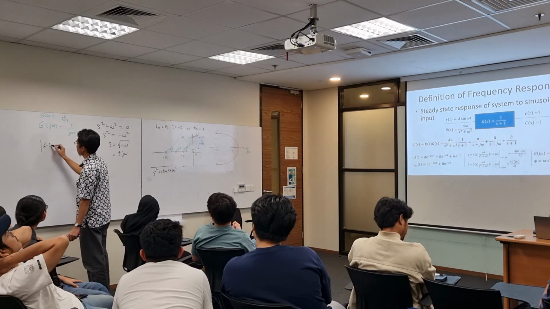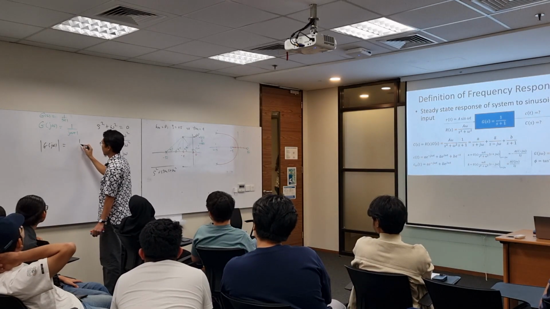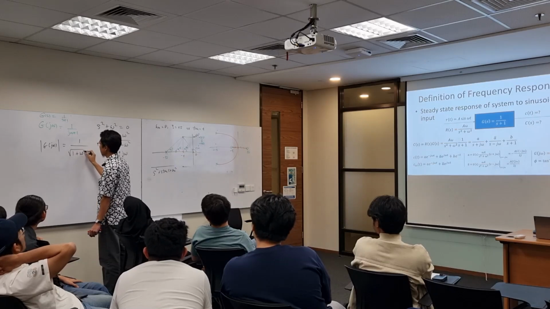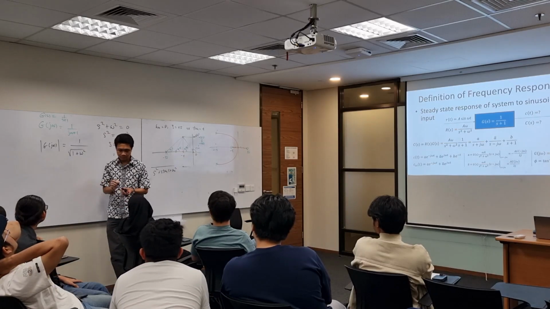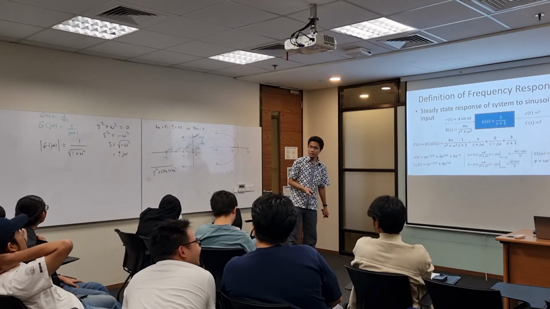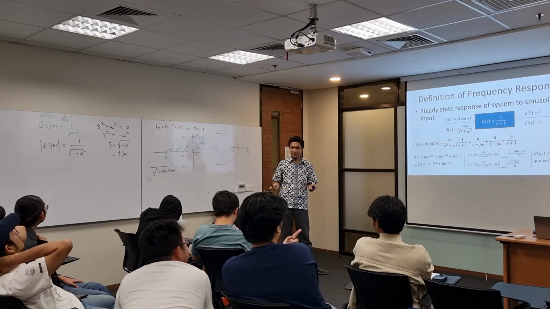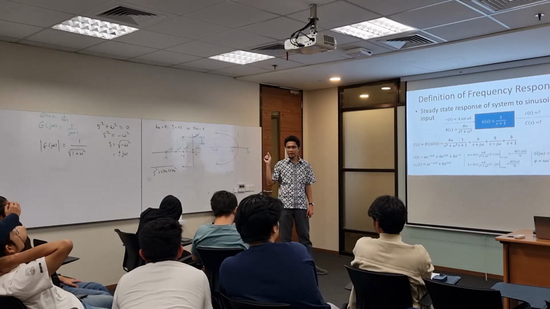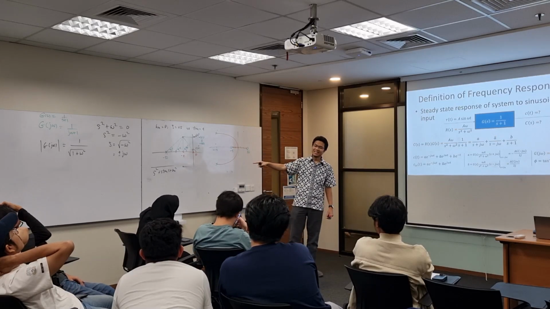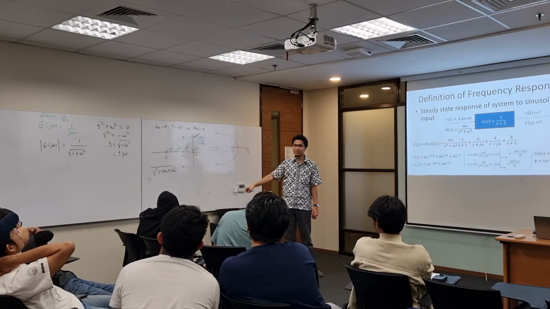The magnitude of the top one is just 1, and this one is the square root of 1 plus omega squared. That is for 1 over s plus 1. If G of s is something else, of course you have to replace. So don't use this for all of the G. This is just for 1 over s plus 1.